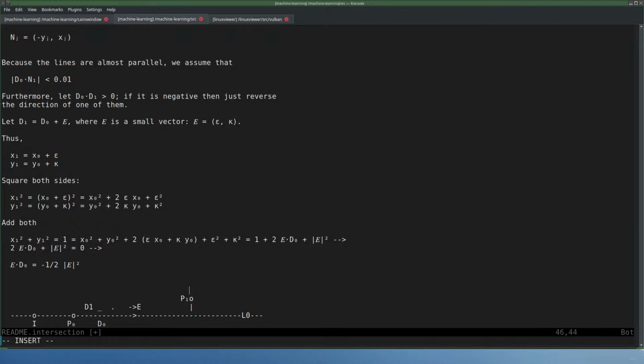To this we can call N1, N0. It's perpendicular to D0, rotated anti-clockwise 90 degrees.